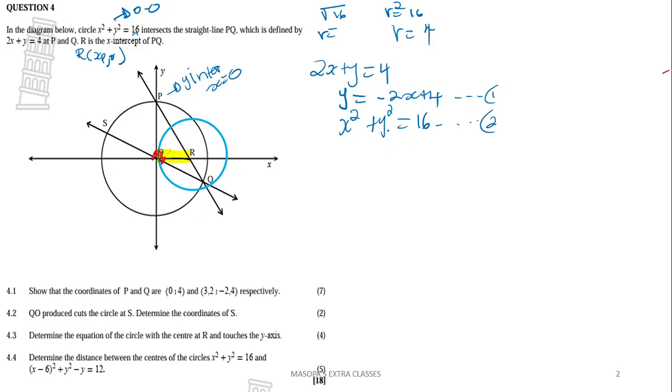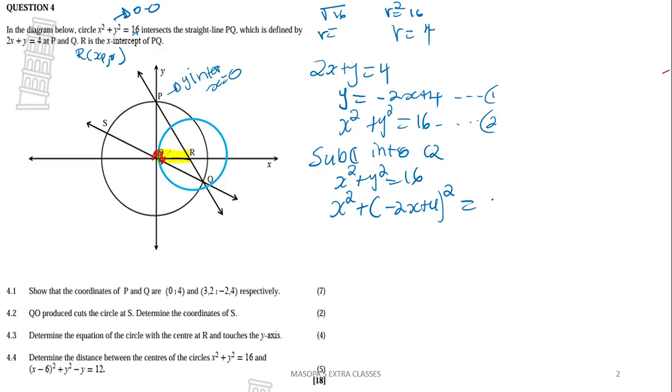So basically you substitute equation 1 into equation 2, where equation 2 was x squared plus y squared equals 16. When you substitute your y, you have x squared plus (negative 2x plus 4) all squared equals 16.